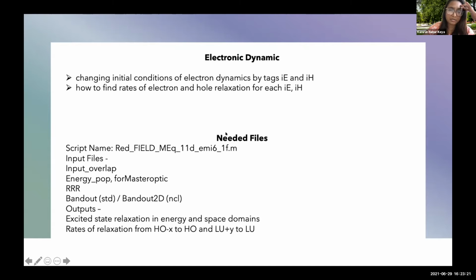For this calculation, obviously we need the input overlap, energy pop, and the RR value of the previous one, and for master optics and band out. Using these files, we will be able to calculate the electronic dynamics using the code shared by the professor.